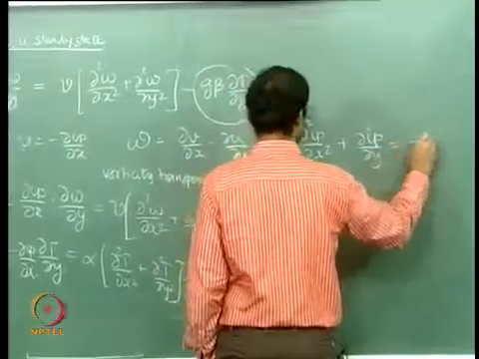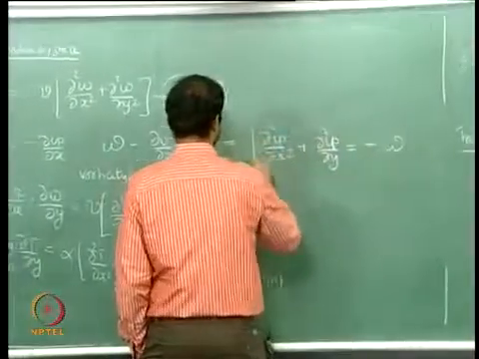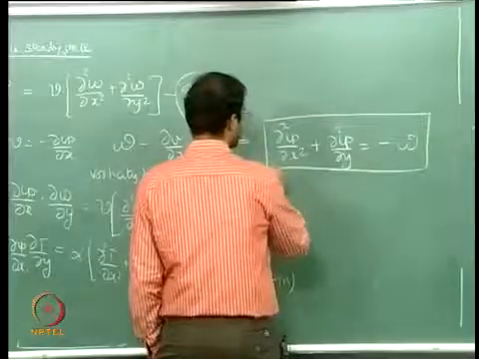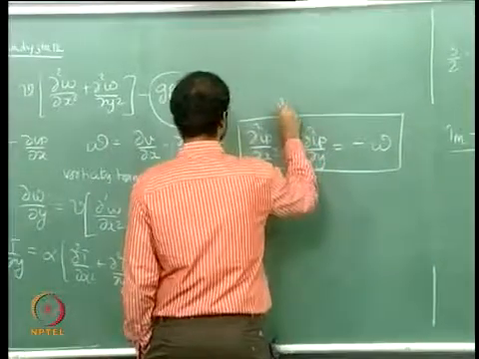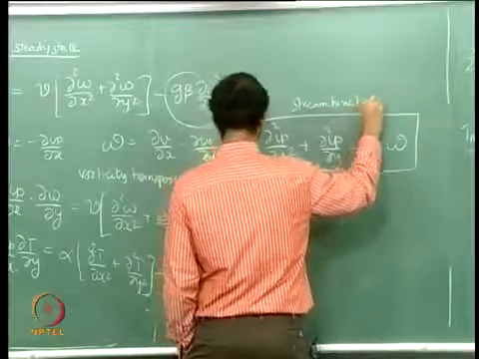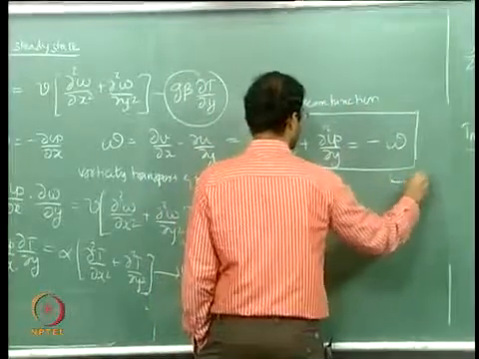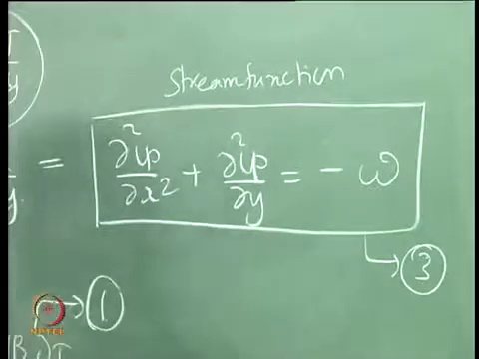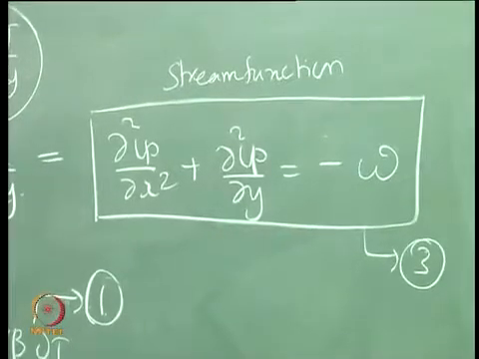So this is equal to minus omega. So this is my third equation for stream function. I call this equation number 3.